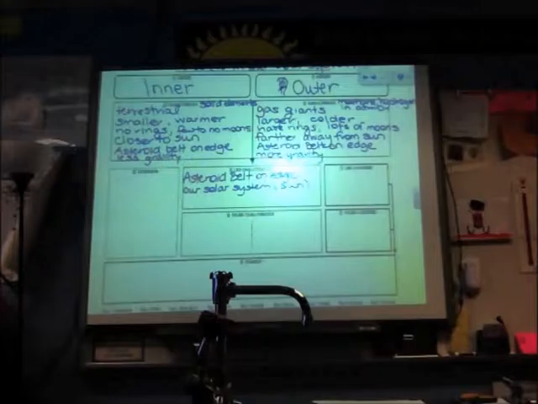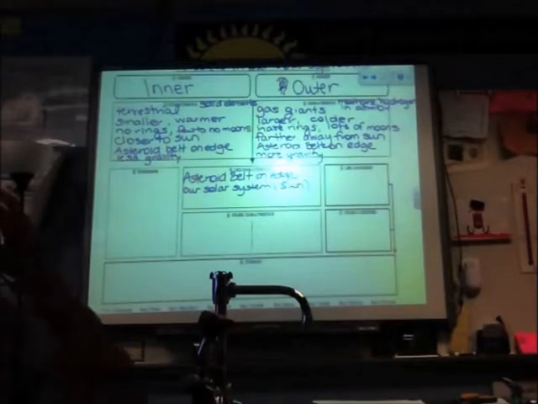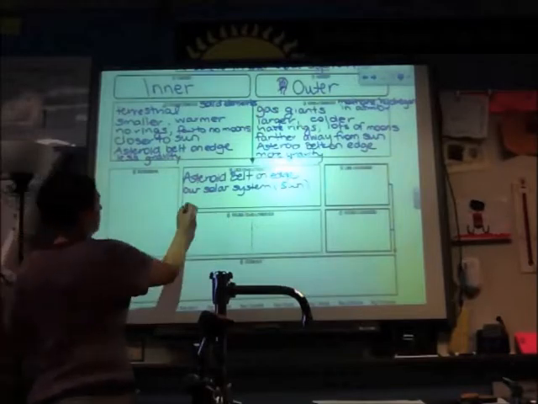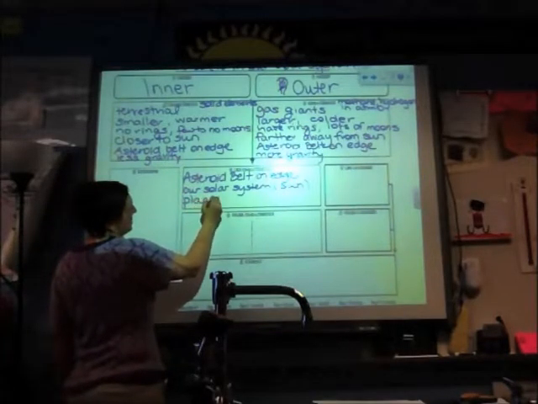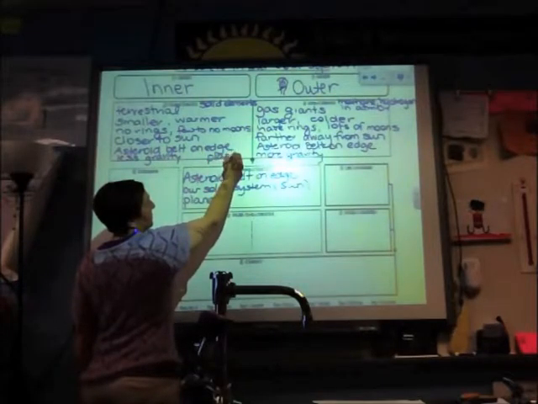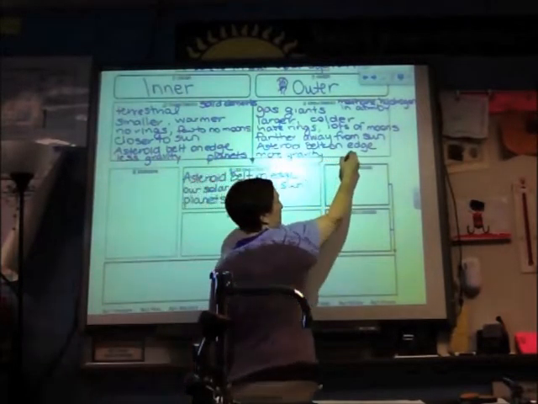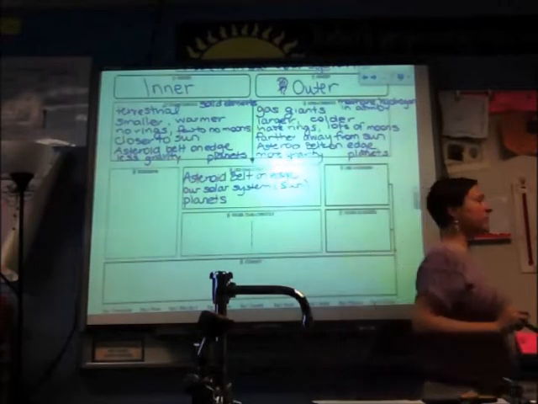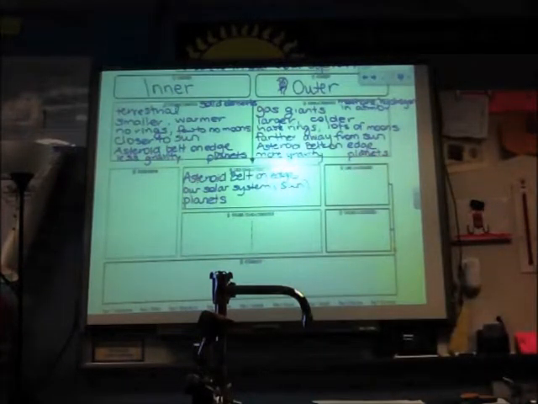Anything else that they have in common? Planets. They're all planets. Now, if I write this here, I have to write it up here. And it's okay to go back and add. We can go back and toss stuff up there if we need to.